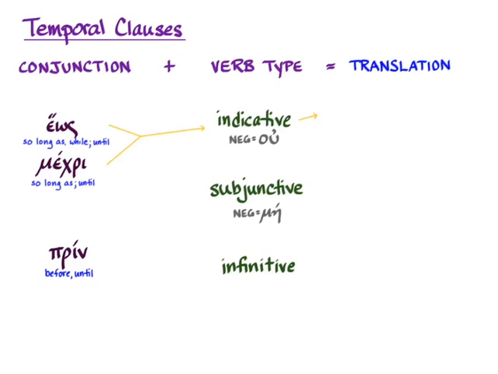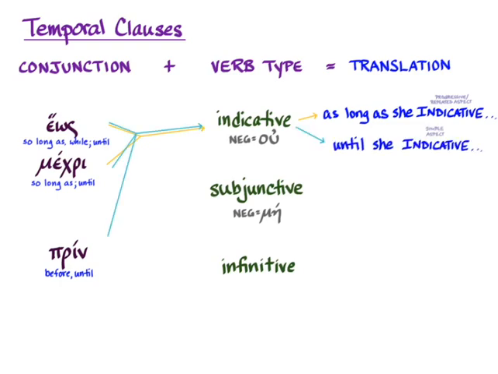You can get these subsequent conjunctions with the indicative and simply say, as long as she, whatever the indicative verb is, and do as long as if that indicative verb is in progressive repeated aspect. All three conjunctions can say until she, indicative verb, if it's in the simple aspect.